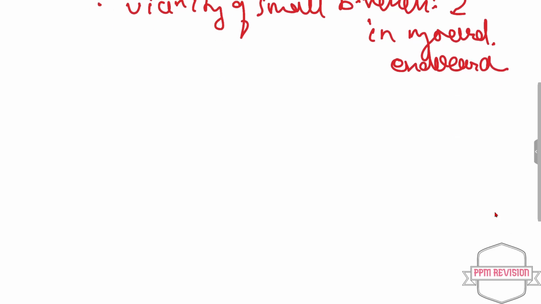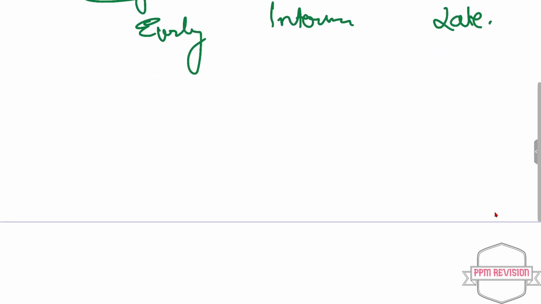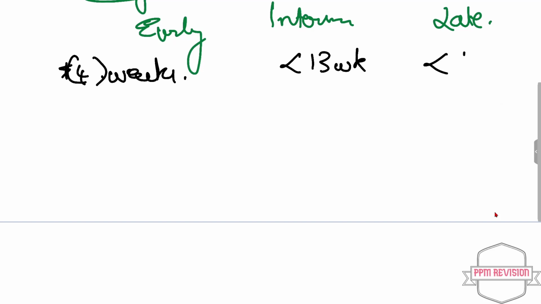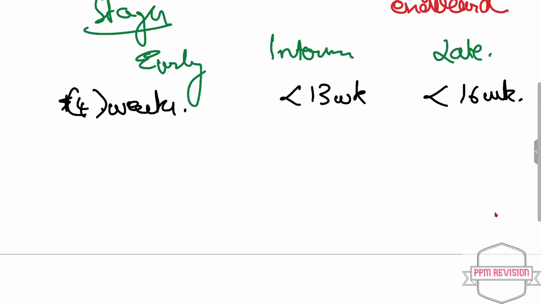Now looking at the stages, it evolves, and the stages are as follows. There is early stage, intermediate stage, and late stage. Talking about a few important characteristics, the early stage takes place in the 4th week, the intermediate lasts less than 13 weeks, and the late less than 16 weeks. The early stage is also known as the fibrinoid stage, and I'll be explaining why.